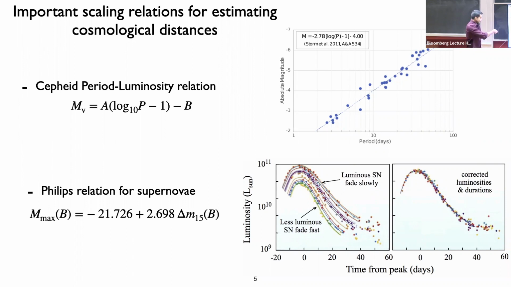If you stack them onto each other, you can see in the lower right panel that it follows a very tight relation. This is how people estimate the absolute luminosity and then calibrate distances. So finding these relations is very important for many purposes.